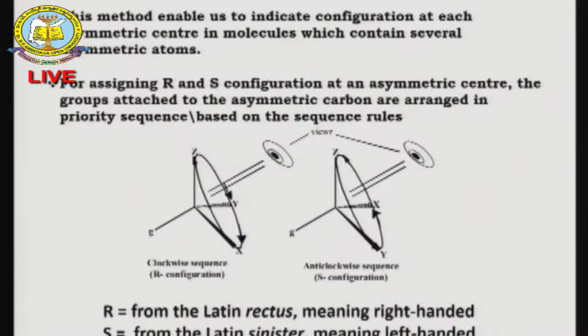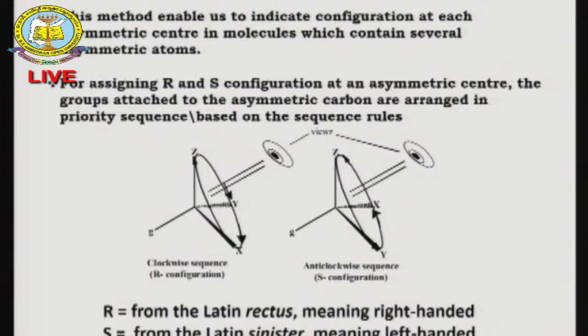Now, absolute configuration, the RS configuration. Here R means rectus and S means sinistus. R means right handed side or right handedness. S means sinistus, that is left handedness or left handed side.